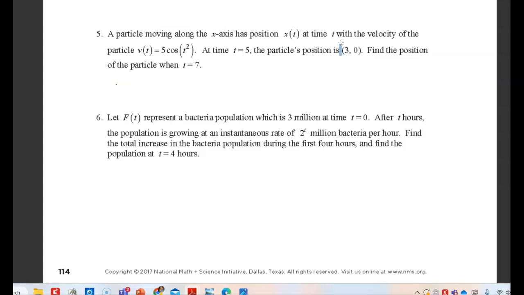So once again, you would be integrating on your calculator from 5 to 7 of 5 cosine t squared dt. It's saying that that is equal to x of 7 minus x of 5. So again, you integrate velocity, but the initial conditions or the points you are finding are with respect to position.